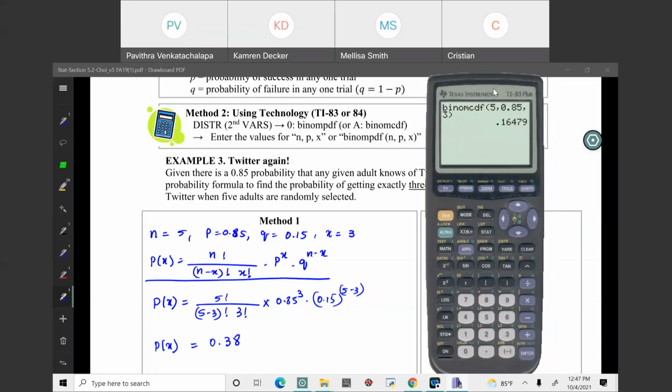What did we miss? Oh, it's binomial PDF, that is 0. So here it is 5, 0.85 and 3. Close braces, enter. It's correct.